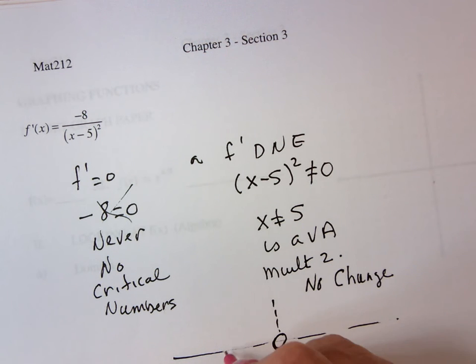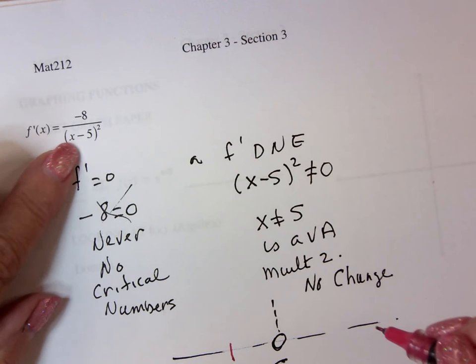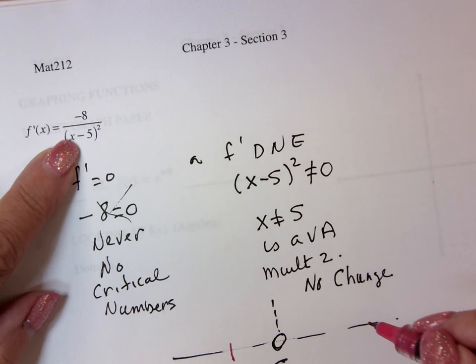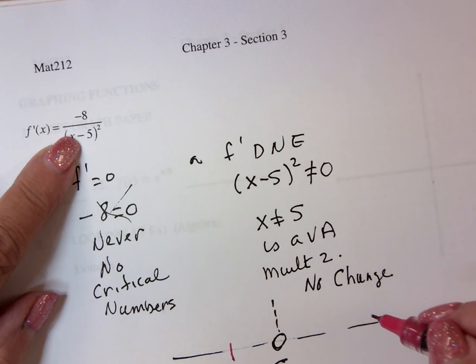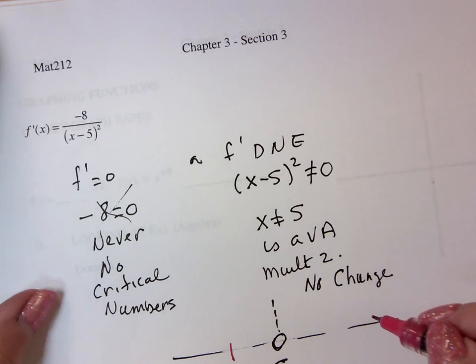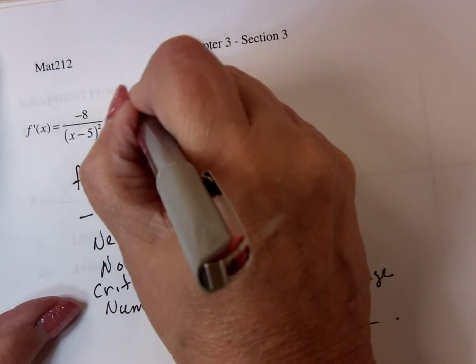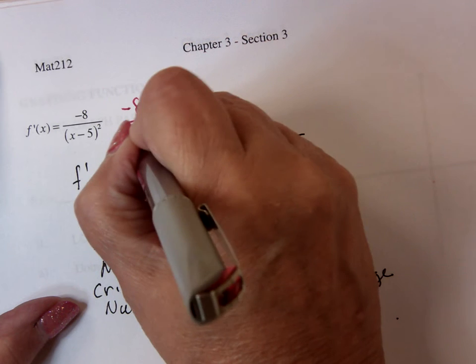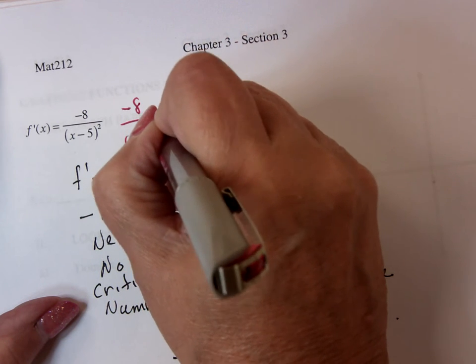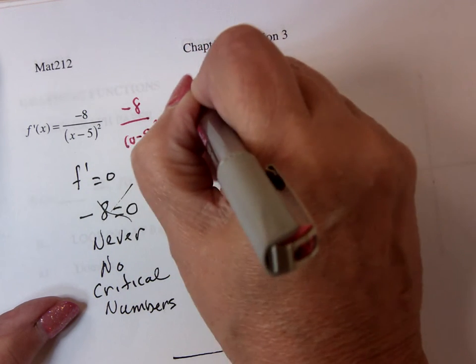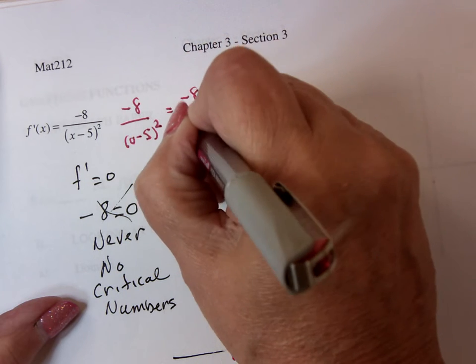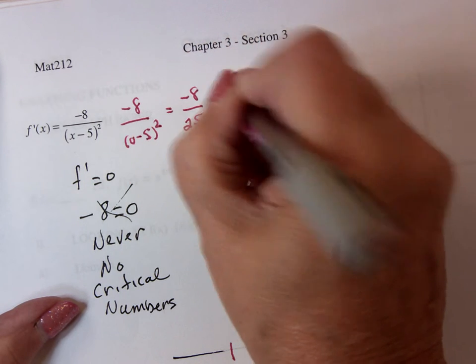So I pull a number, 0, that's my favorite. And I go back to this guy up here, and if x equals 0, am I dealing with a positive or a negative number? Negative. Because this is negative 8 divided by 0 minus 5 squared, which is negative 8 over positive 25, so this is negative.